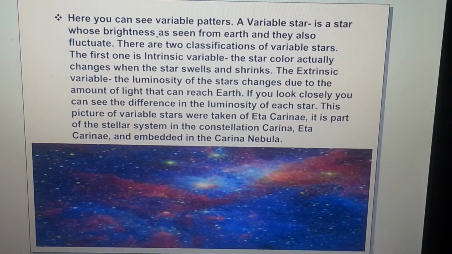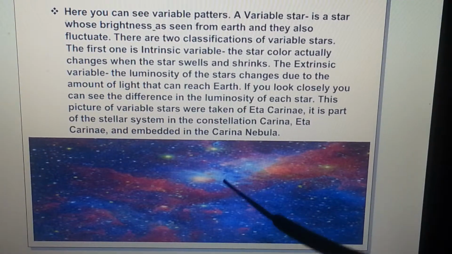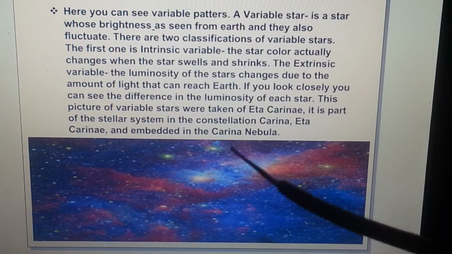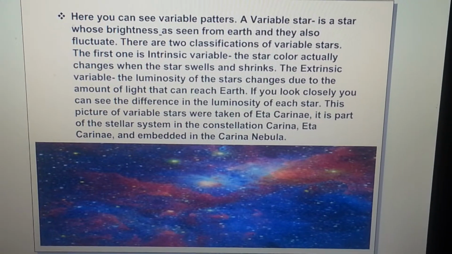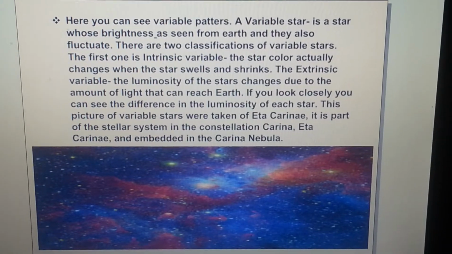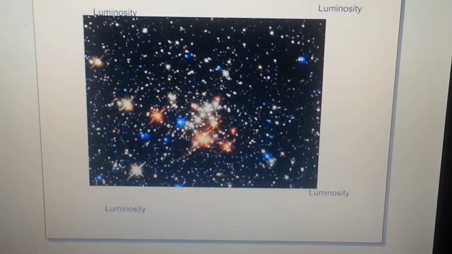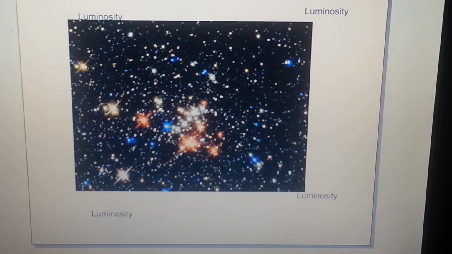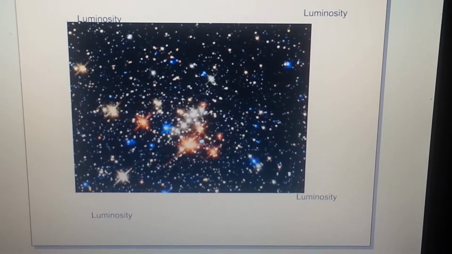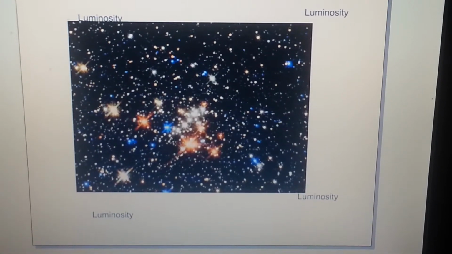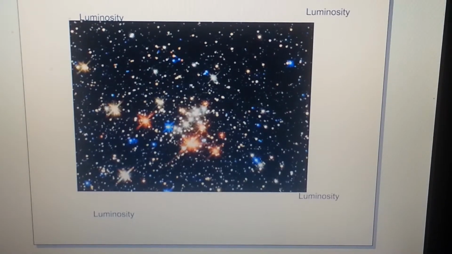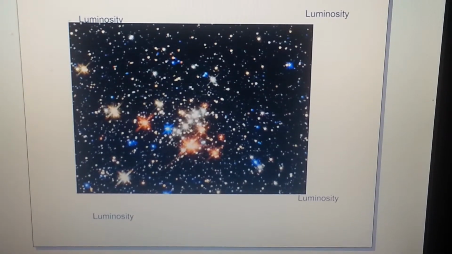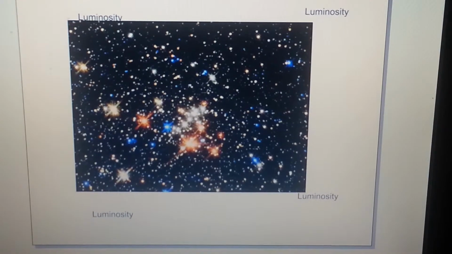So as you can see here, just the different colors and the fluctuation of the luminosity in this picture. Here's luminosity at its finest. This is a picture of the blue straggler, and you can see the diagram by Hertzsprung and Russell.